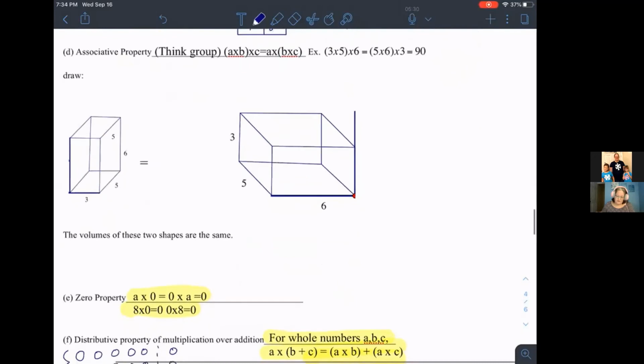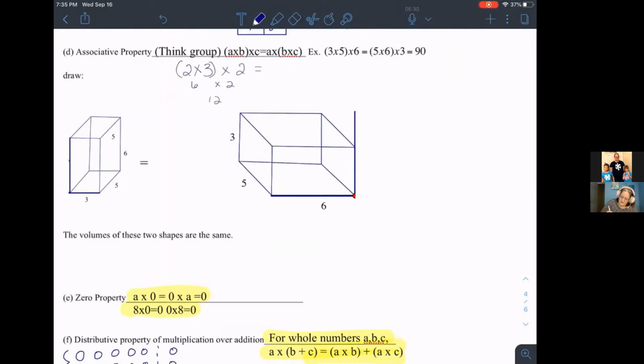All right, so then we have the associative property. It says think group. So it doesn't matter which way you group an equation, it's still going to give the same result. Because if you take 2 times 3 times 2, that's going to be equal to 6 times 2, which is 12.